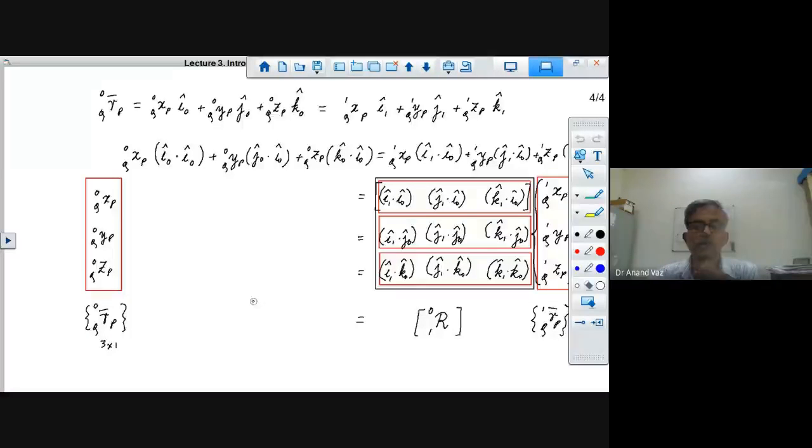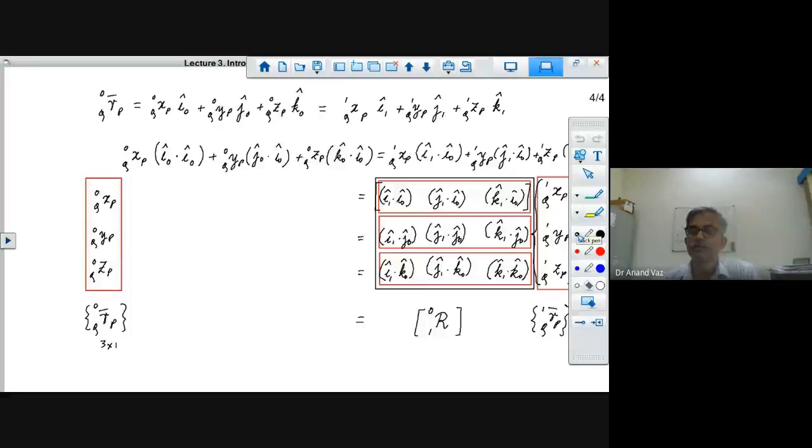Now suppose we are interested in taking this vector to the left hand side and this vector to the right hand side. That means we are interested in knowing the reverse.